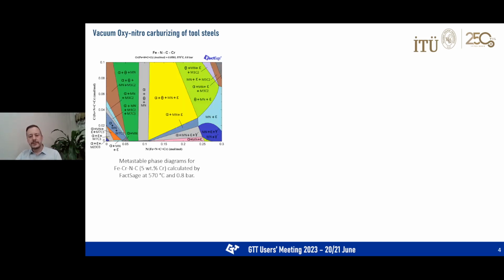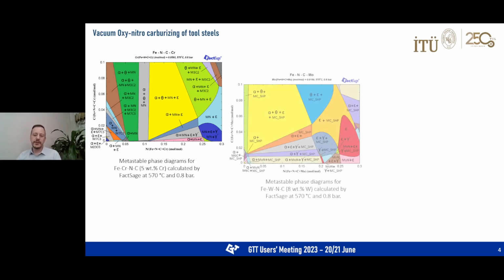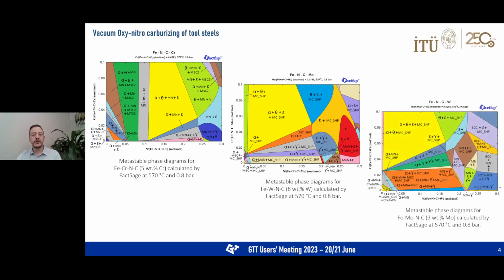It is known that the nitrogen and carbon atoms do not only interact with the iron but also with alloying elements, forming a surface compound layer and underlying diffusion layers. So we have decided to add main alloying elements to the simple iron carbon nitrogen system.